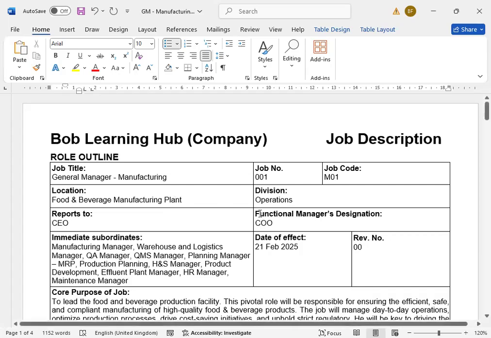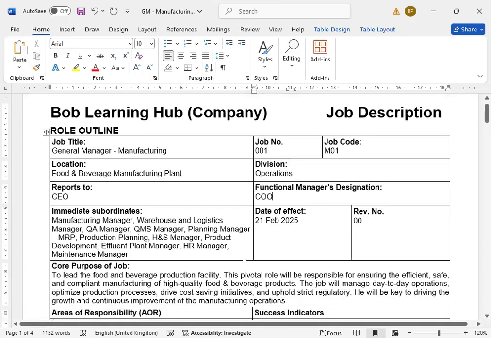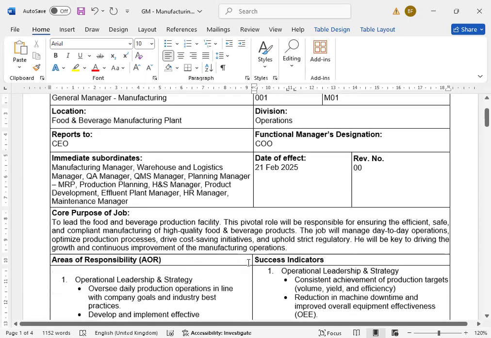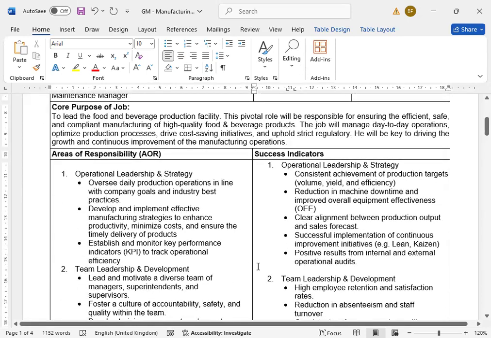Okay, so if you need another, then I'll make another one. I have done a general manager for distribution and logistics. I have done others because I got used to developing or writing job descriptions. I was also involved in job evaluation using the Hay system or the Hay method of the US system.